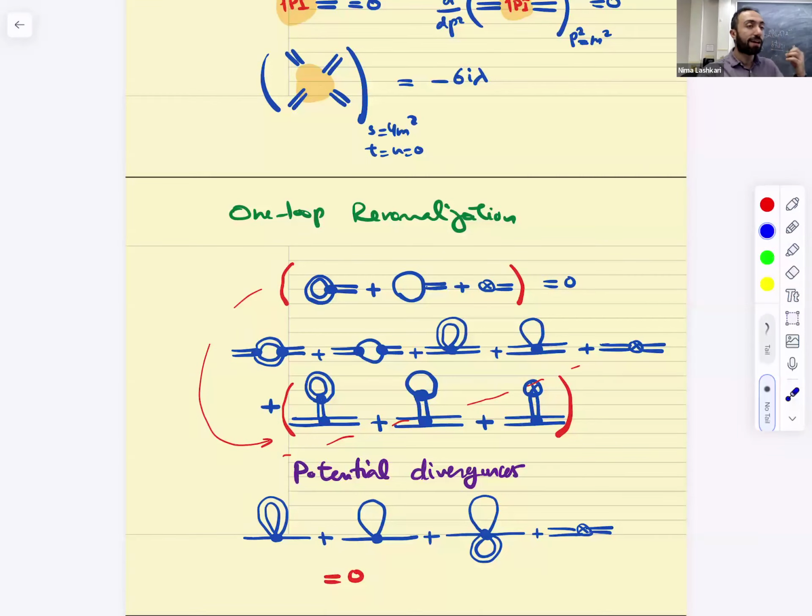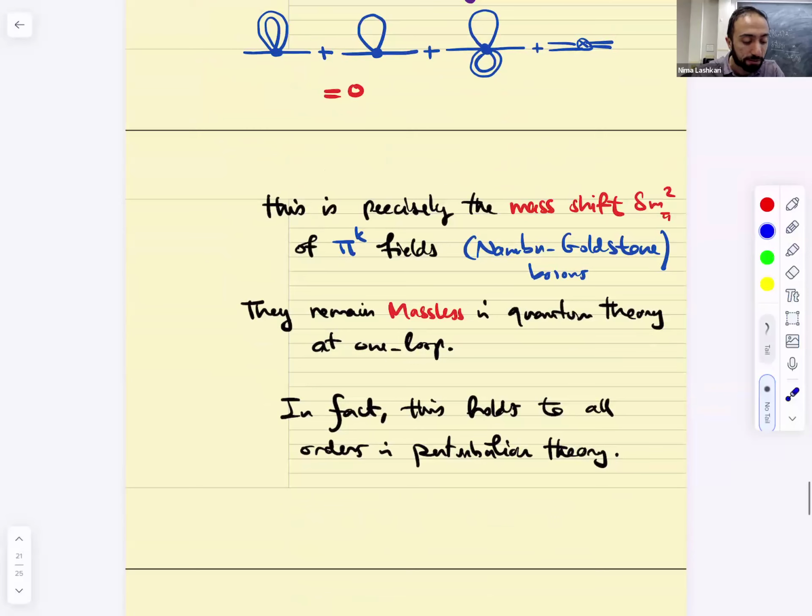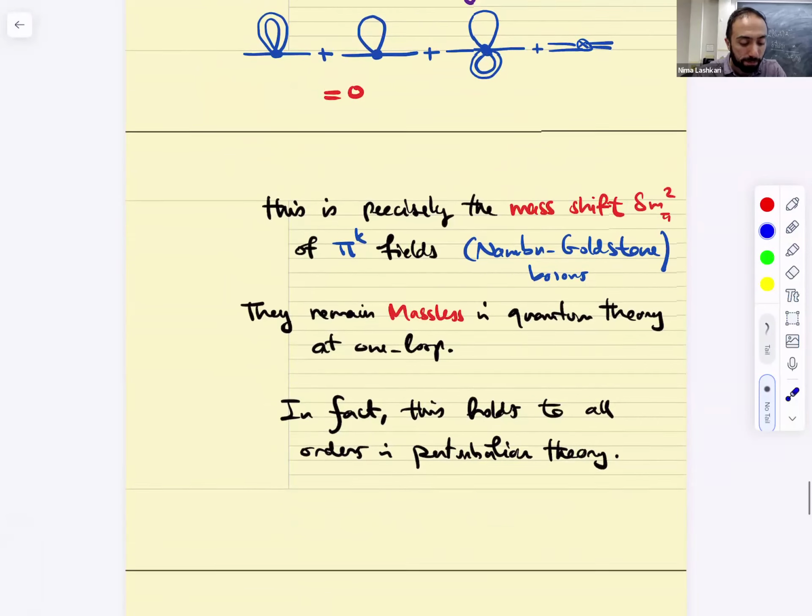The punchline: you go through these diagrams and you do your homework, you'll find that if you set the correct renormalization conditions, Nambu-Goldstone bosons remain massless quantum mechanically. I argued for it at one loop. You have to do the integrals to see. I absolutely recommend you do it, or you will have to do it for your homework, but you will see that. All right.